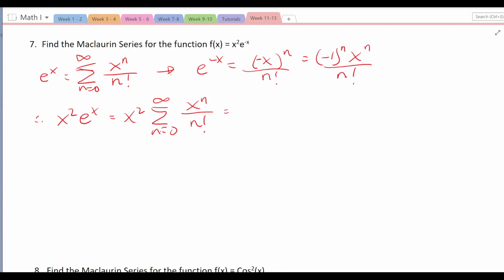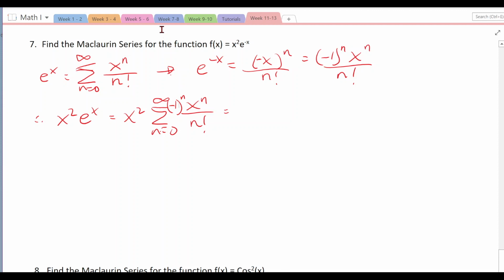So now we can apply the multiplication of x squared times e to the negative x. In this case, x squared times e to the negative x will be x squared times the sum of negative 1 to the power of n times x to the n.